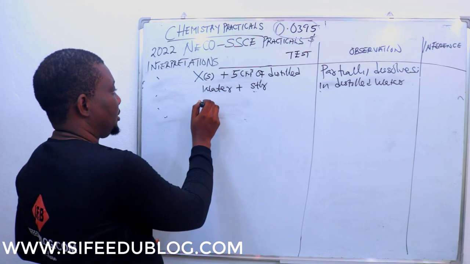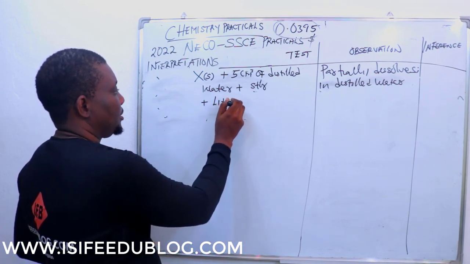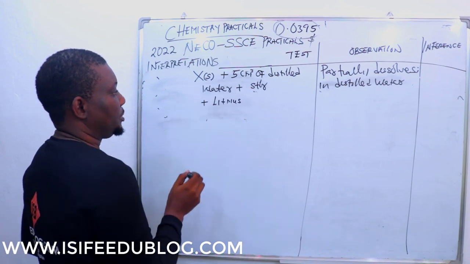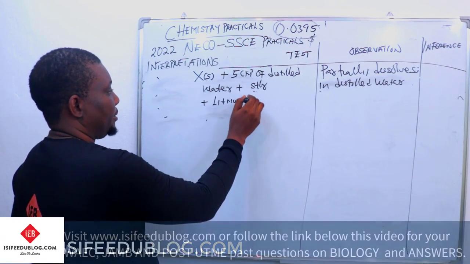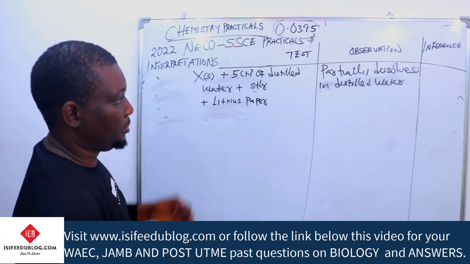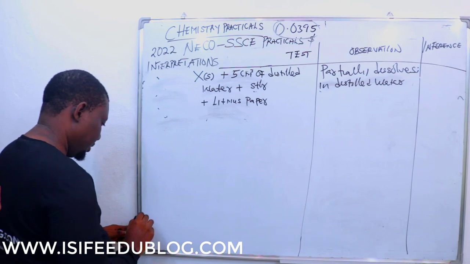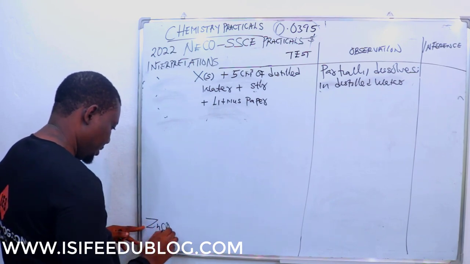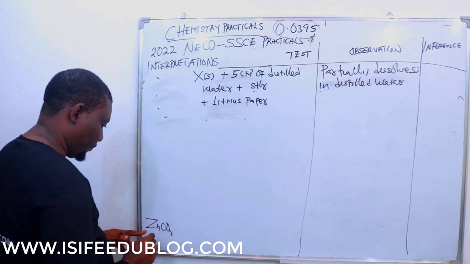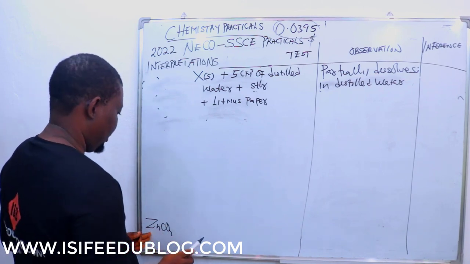So you can say plus litmus paper or indicator paper. Remember there are 2 indicator papers, red and blue. So since the salt is ZnCO3, it's a salt of weak base, weak acid.